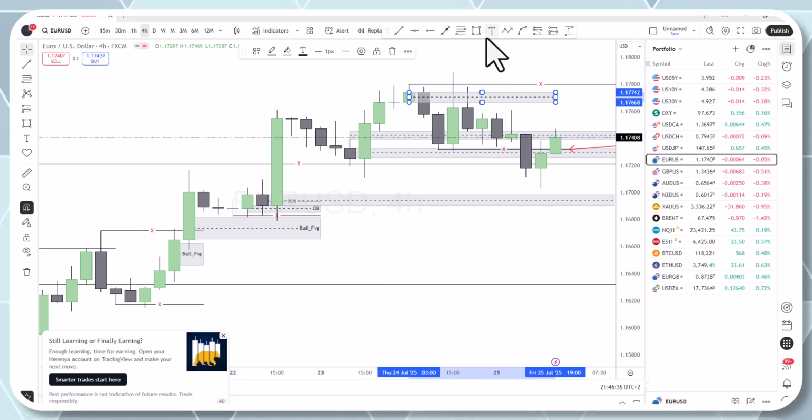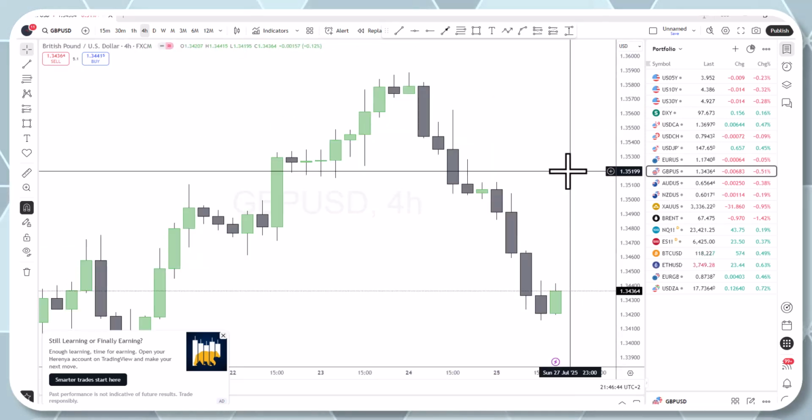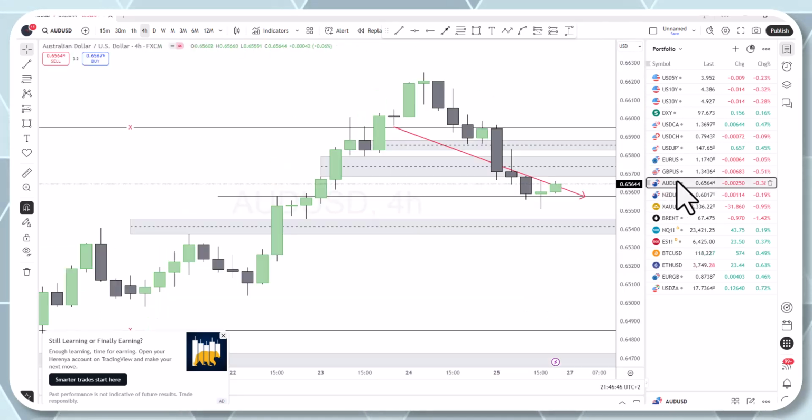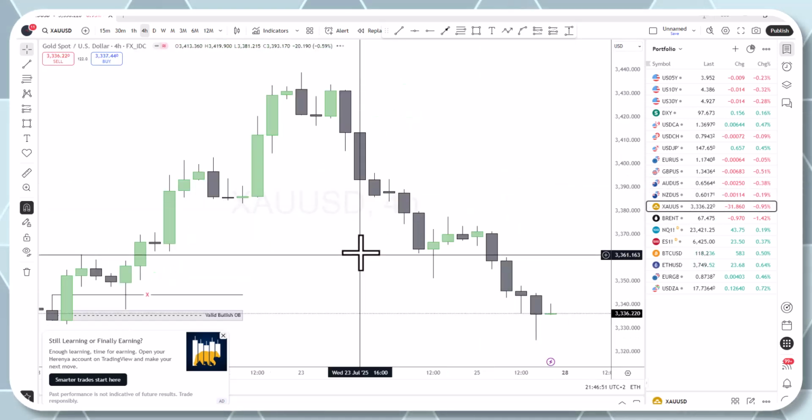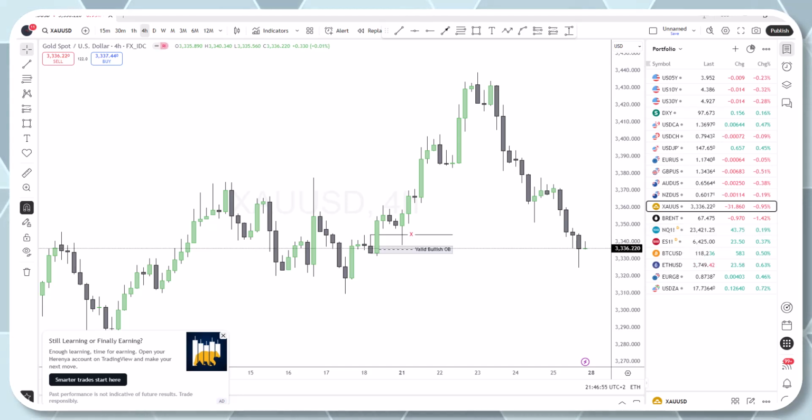Number 2, we need to see the impulsive move away from the OB that has been formed. We need aggressive movement away from the OB.